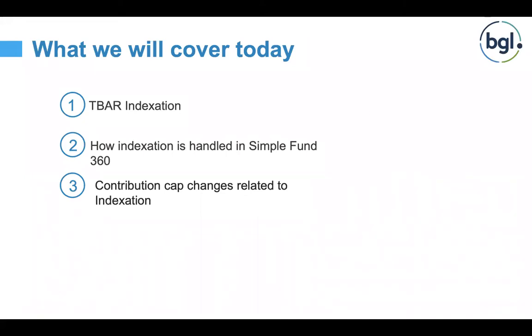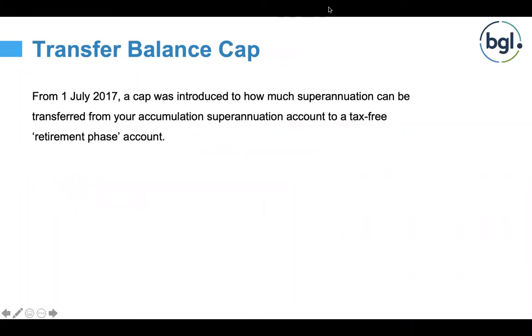Now, for those that might not be fully aware about transfer balance accounts and T-bar itself, we'll just go through a quick explanation of the transfer balance cap. From the 1st of July 2017, they introduced a cap on how much an individual can put into their retirement phase. And they capped that at $1.6 million.